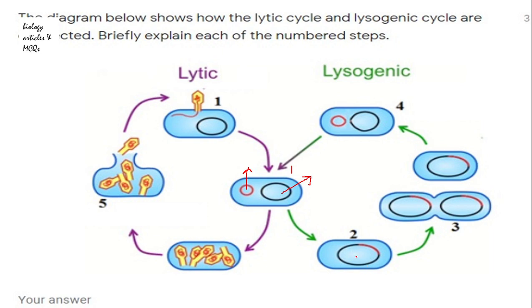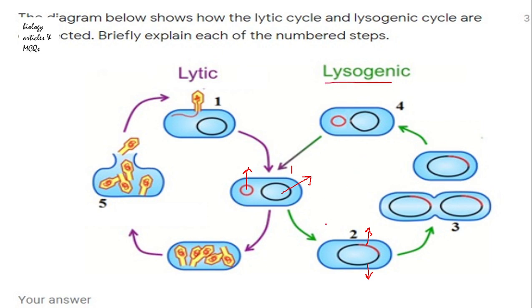Here you can see that this is the DNA of the bacteriophage that is inserting into the DNA of the host cell. So this type of cycle, in which the DNA of the bacteriophage incorporates into the DNA of the host cell, is known as the lysogenic cycle.